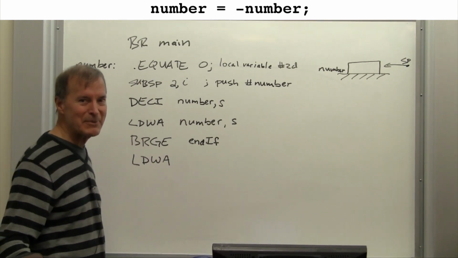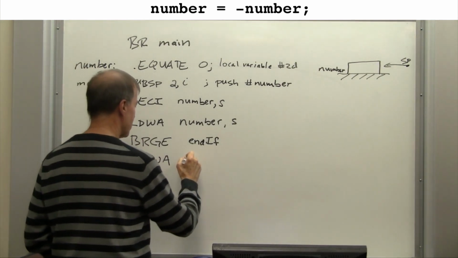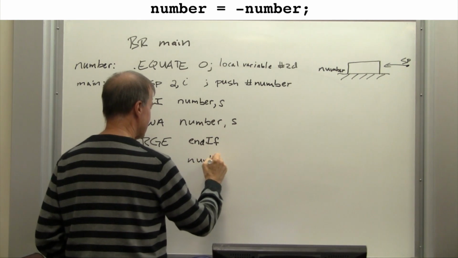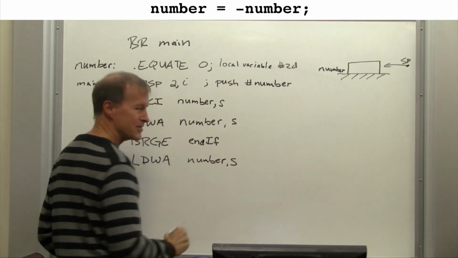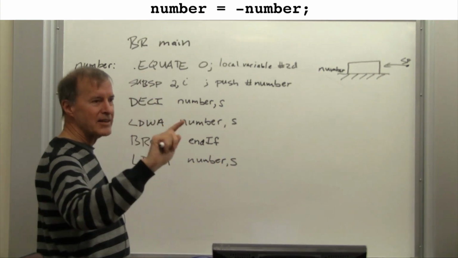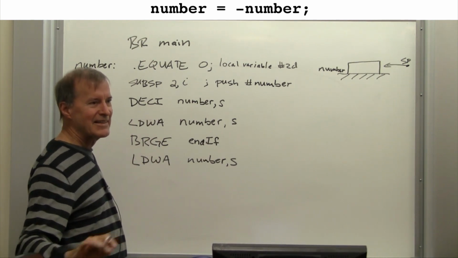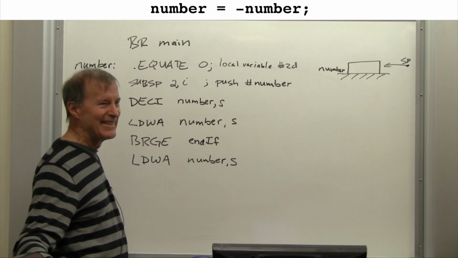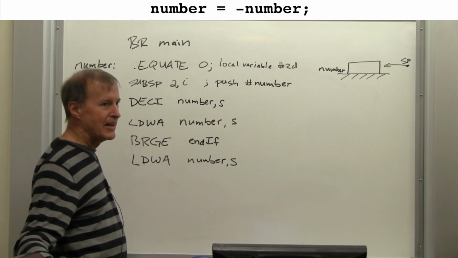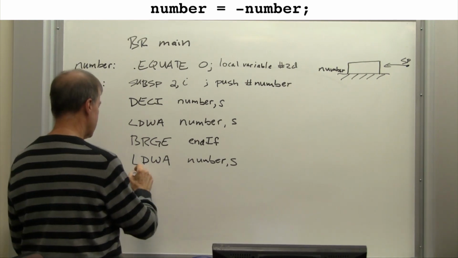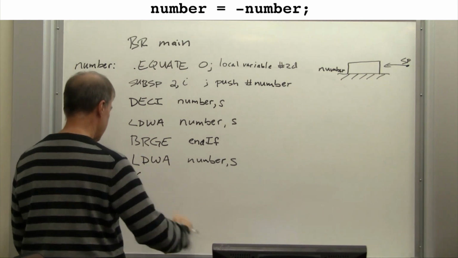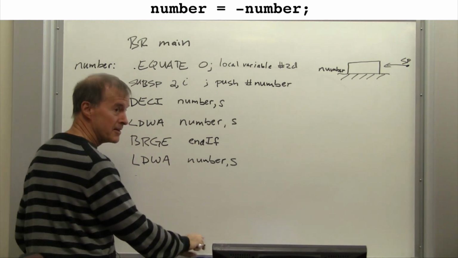So what would it be? Load word, number what? Number, stack relative. And then next, negate. Yeah, that's a unary, right?